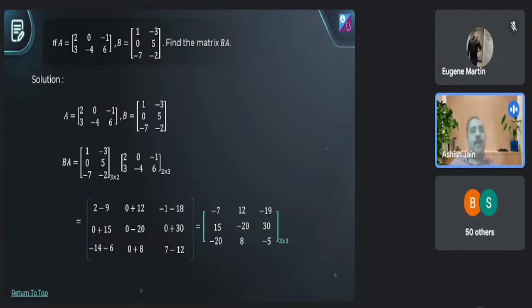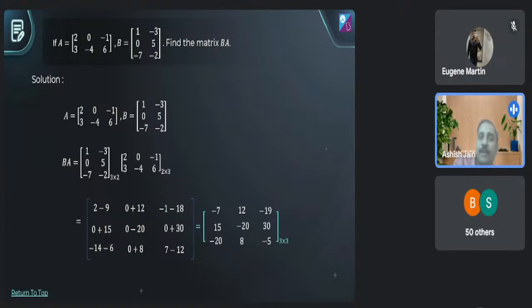First row, first column, first row, second column, first row, third column, and so on. So first we need to find the value at first column. That means first row elements of capital B are multiplied with the first column elements of capital A. So it's 1 into 2, which is 2, plus minus 3 into 3, which is minus 9. My answer is 2 minus 9, which is minus 7.